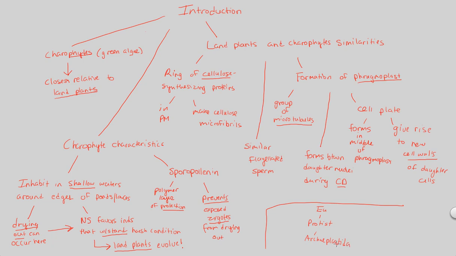And from Archaeplastida, we had the origination of the charophytes. And from the charophytes, what do we get? We now get our entire next two lectures, the land plants. So that's our basic evolutionary time scale, chronological order, let's say, of how things developed. And we'll continue our discussion on these land plants and plant diversity in the next video.